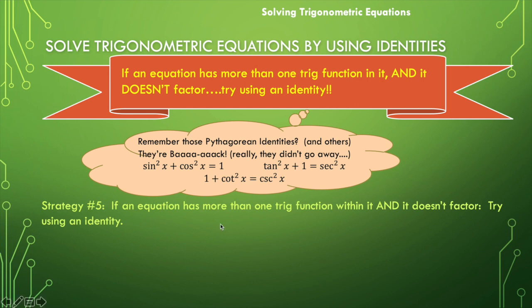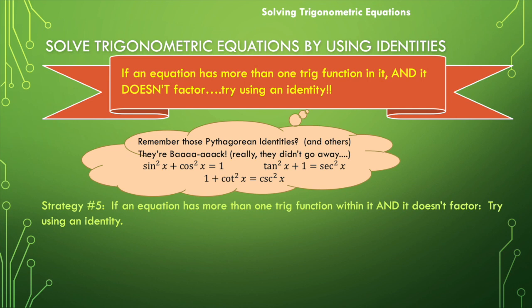The big Pythagorean identity is sine squared of x plus cosine squared of x is equal to 1. And from this one, we can derive these other two: tangent squared of x plus 1 is equal to secant squared of x, and 1 plus cotangent squared of x is equal to cosecant squared of x. Jot these down on the side of your notes just so you have them handy.